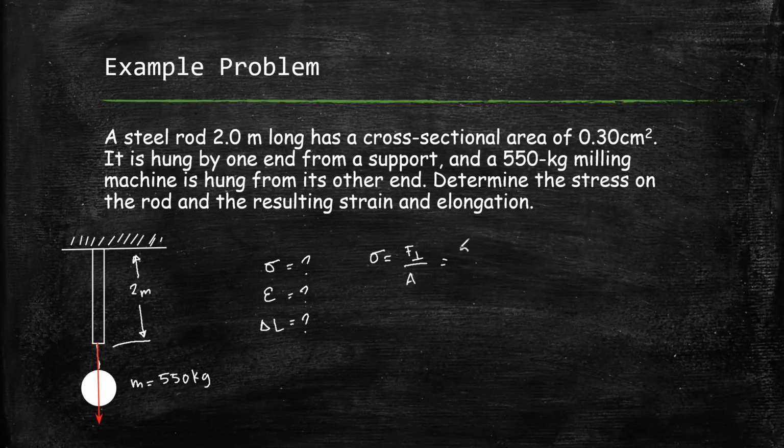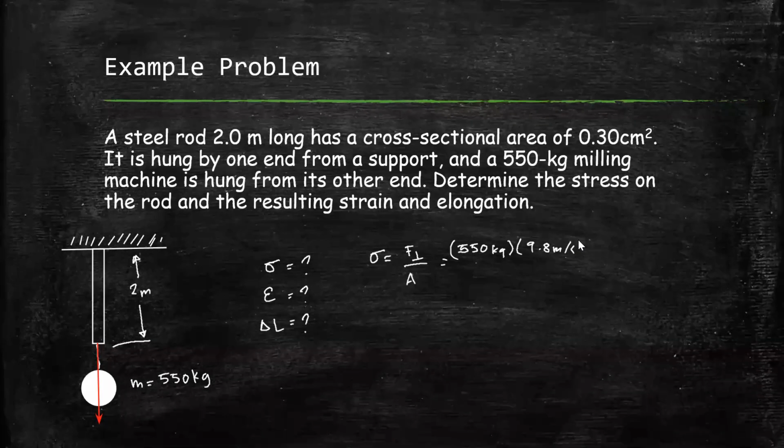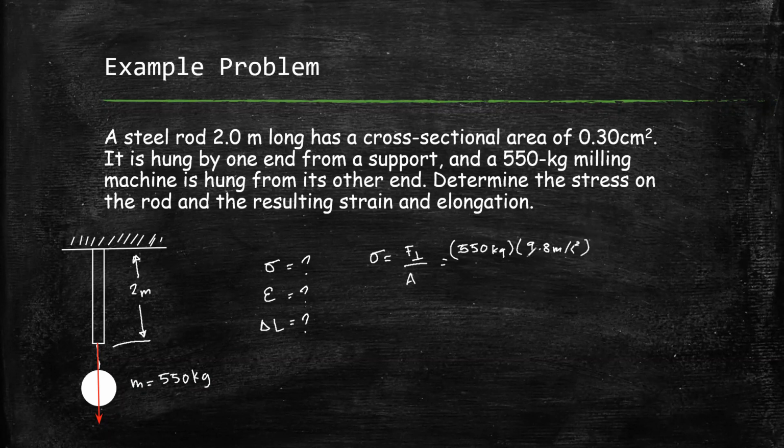So we have to multiply it with 9.81 to get the weight. Divided by the area. So what is the area? We have the given of 0.30 centimeters squared, which is the cross-sectional area of the rod.